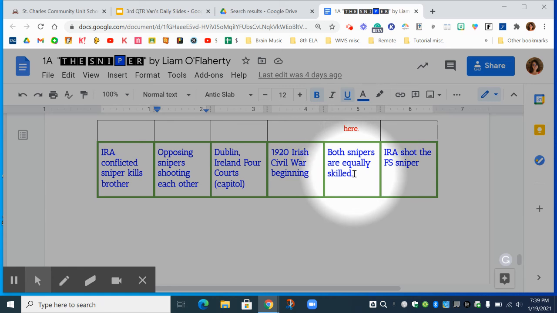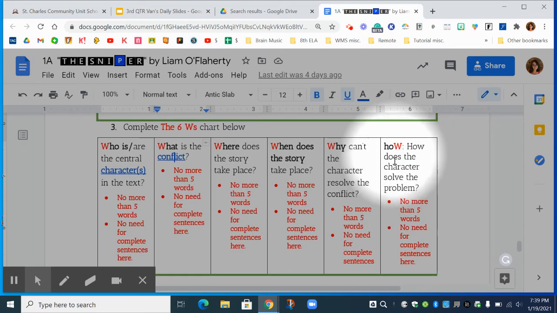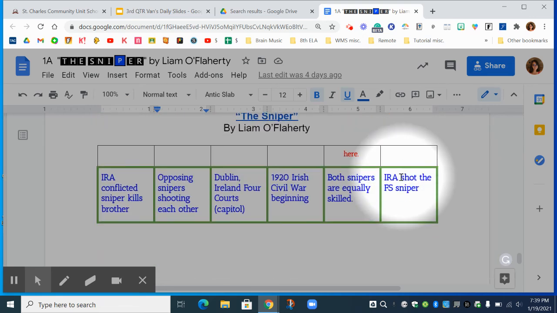They keep shooting at each other, but the IRA sniper eventually devises a plan which leads into the how does the character solve the problem? Well, the IRA sniper shot the FS sniper, but it was because he hatched this sophisticated ruse.